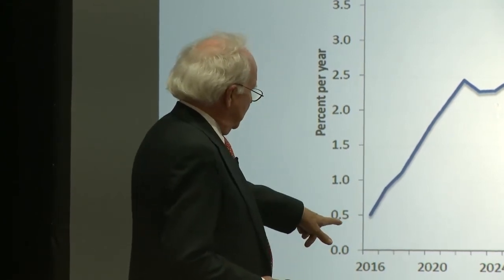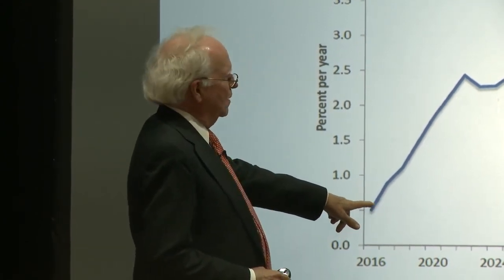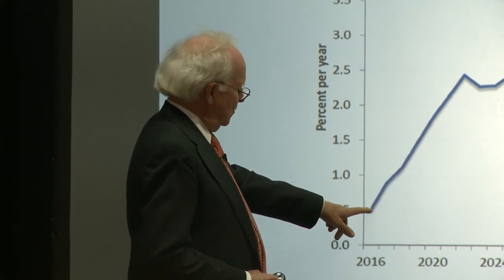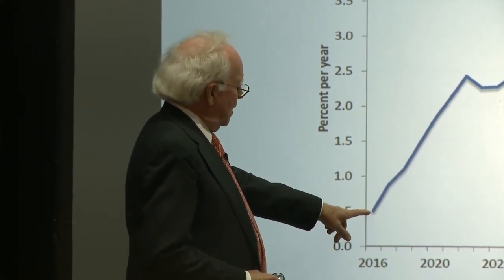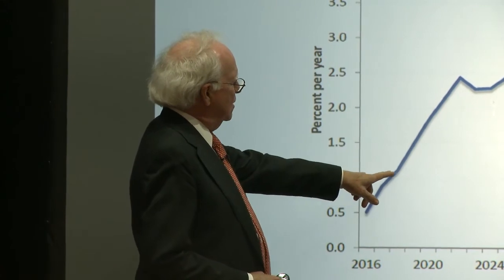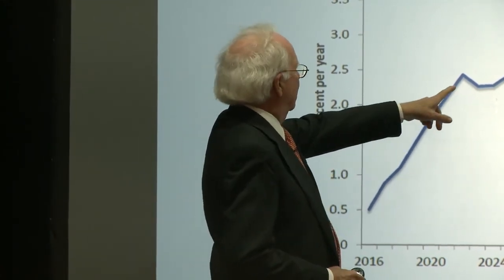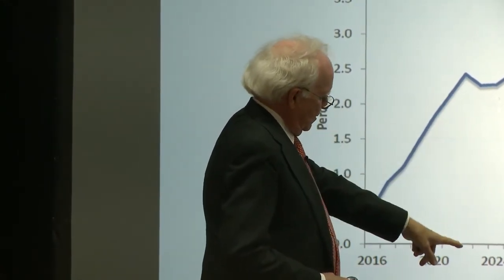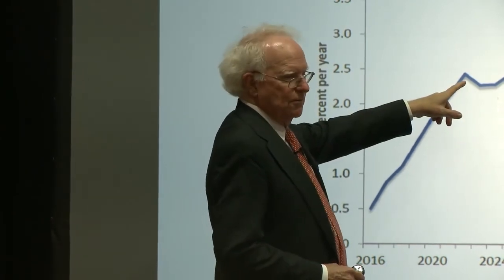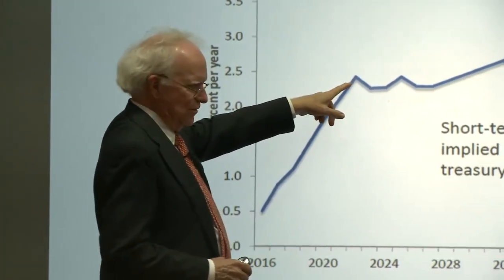So today it's about half a percentage point, and it is going to rise. It's going to rise on a relatively rapid track until maybe 2022. That's quite a ways in the future.